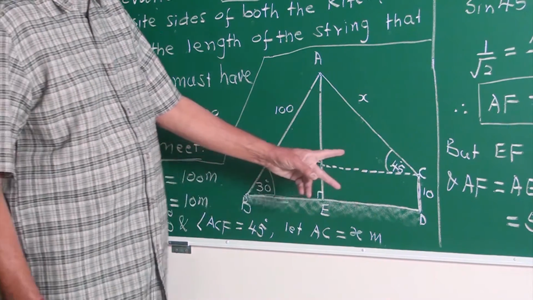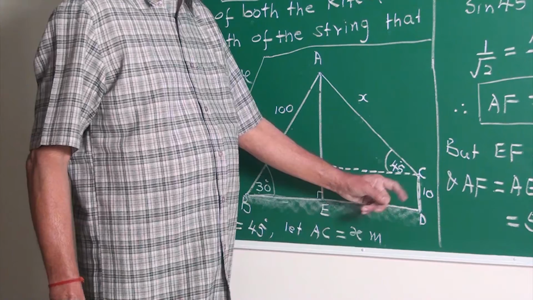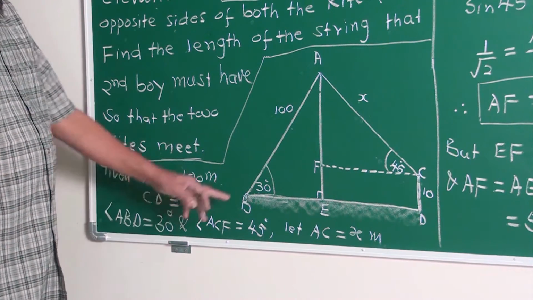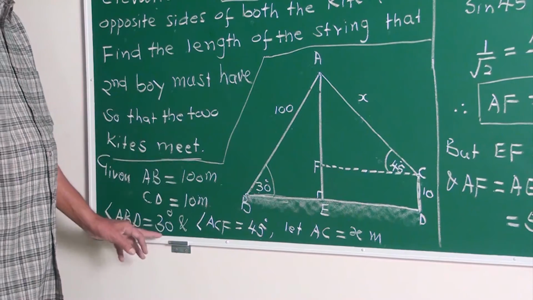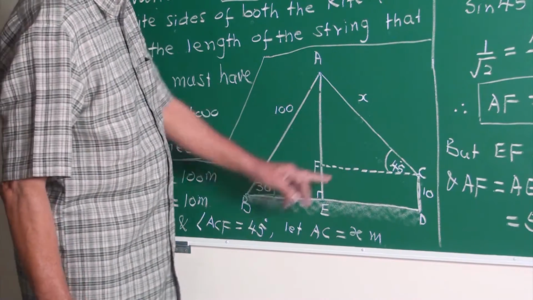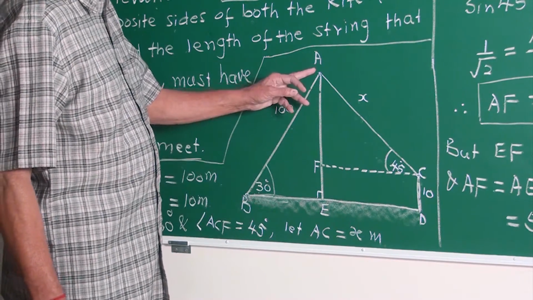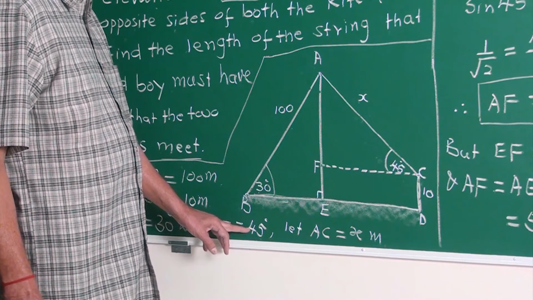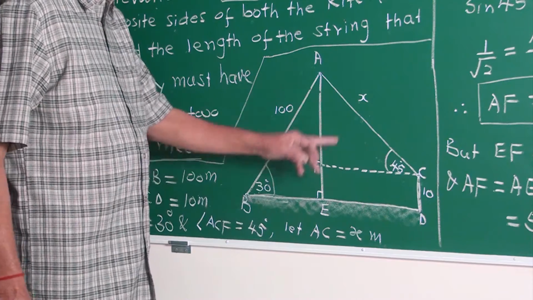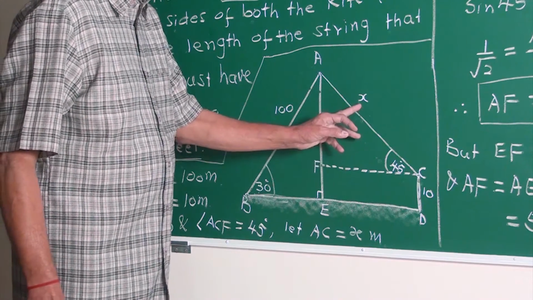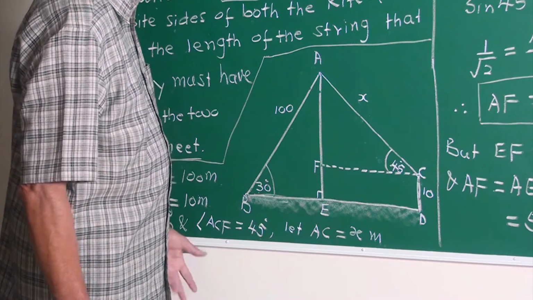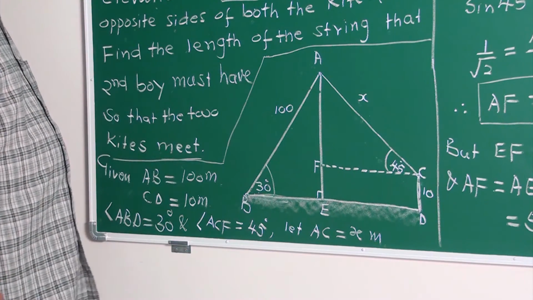CD is the height of the building, 10 meters. The first angle of elevation is 30 degrees. The second angle of elevation, angle ACF, is 45 degrees. Let AC equal x meters. Then you have to find the value of x.